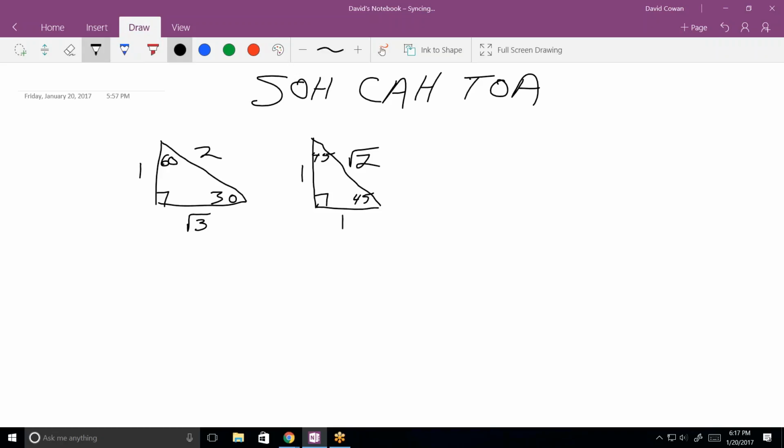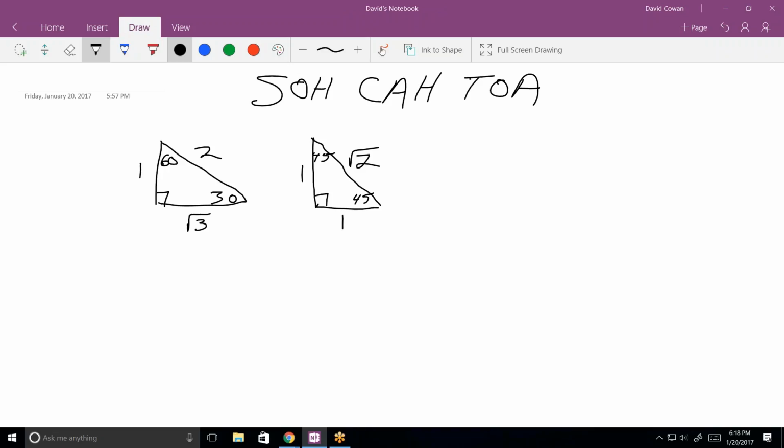What's the cosine of 30 degrees? Radical answers only. Remember what trig is all about. Trig is all about taking trig functions of angles and coming up with ratios, not decimals. I don't want you to do it in your calculator. I want you to do it by looking at this triangle.